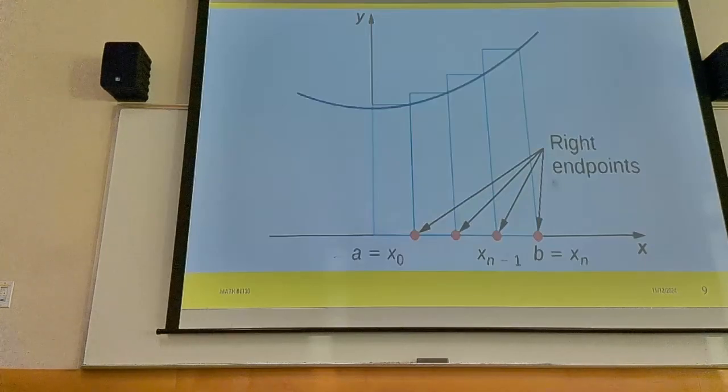How could you improve the accuracy? Smaller subintervals, which means increasing the number of rectangles you have. How many rectangles do you think we would need to get the exact area? Infinitely many. Yep.